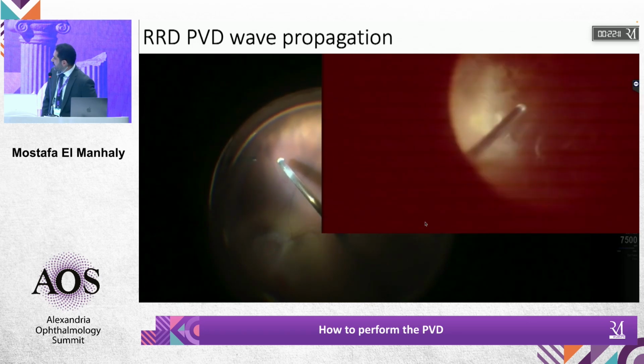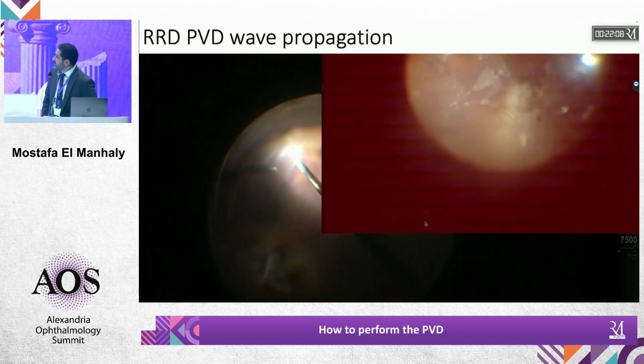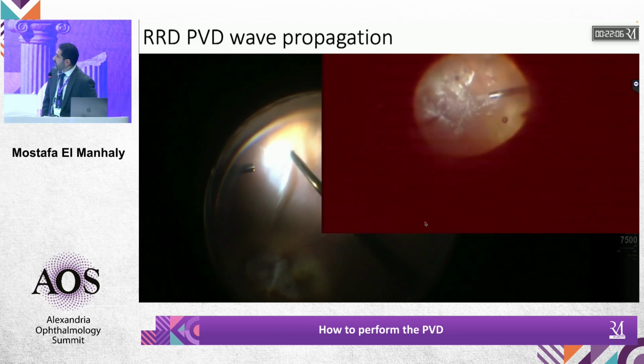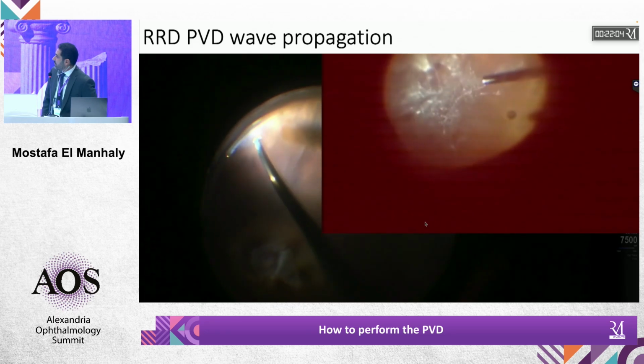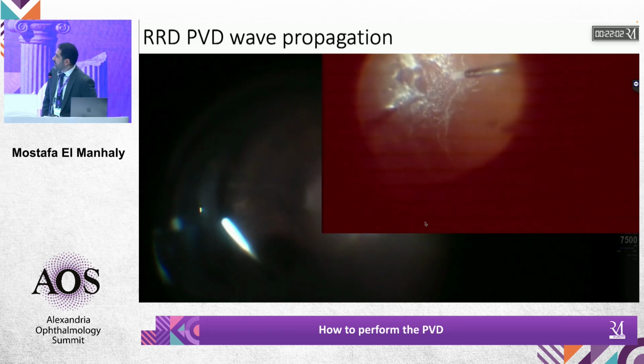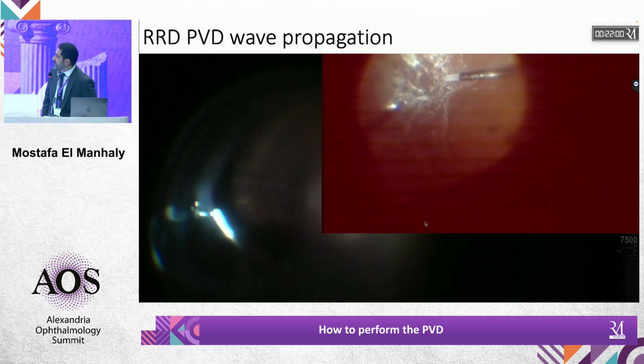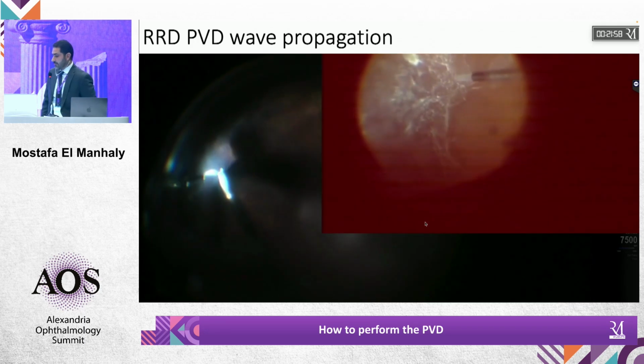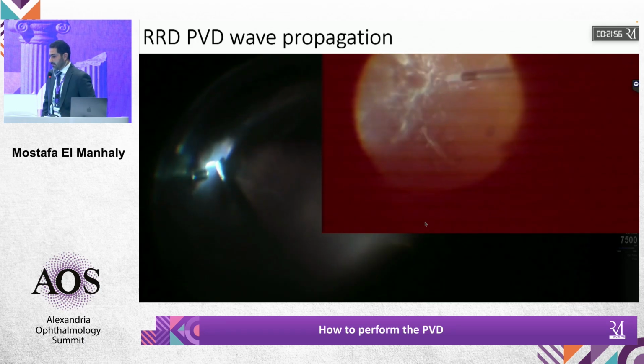So Dr. Mostafa, can you tell us about your tip in this case? This is a case of high myopia with retinal detachment. I found difficulty in propagating the posterior hyaloid dissection, so I resorted to what I call hydrodissection of the posterior hyaloid.